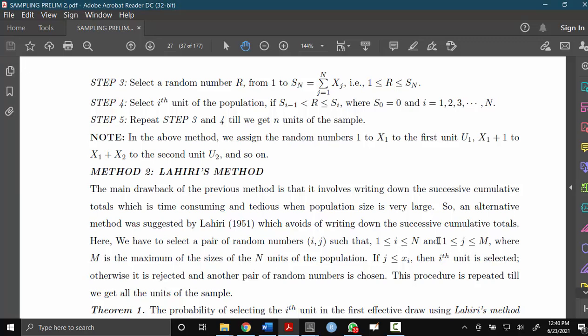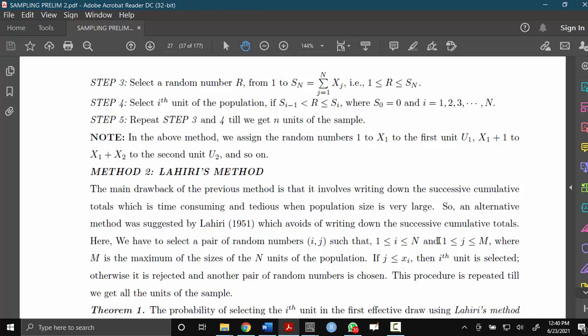So in the previous method, we are selecting a random number which is between 1 and the total size for all N units. But here we are only selecting a random number from 1 to the maximum of the N units, 1 to M. So M is the maximum size of these N units.